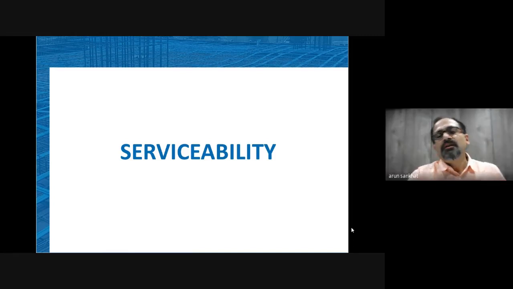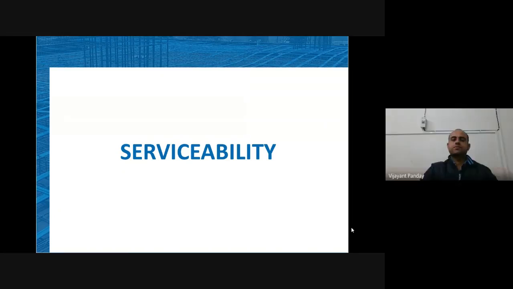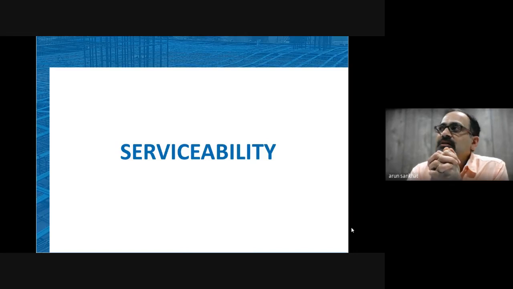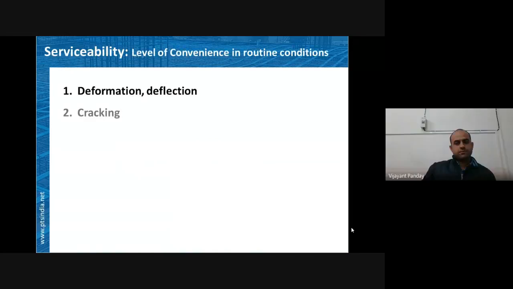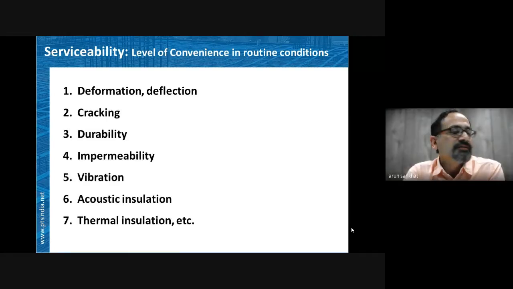In case of deflection, we need to make sure about its long-term aspects, and in the long term, we need to make sure about the creep and shrinkage and their long-term effects. These are the serviceability criteria we need to consider.